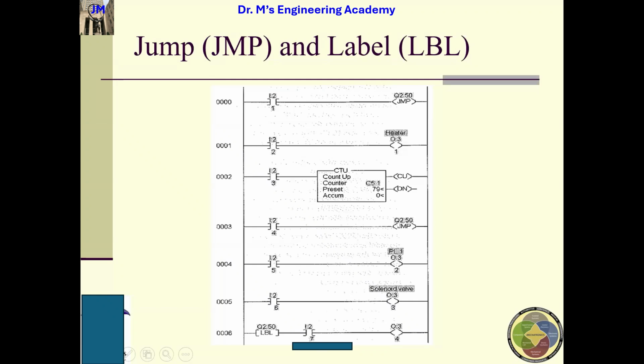You understand? All these rungs located between the JMP and the label will be skipped, and then this rung will be executed next. However, if this guy is false, the system does not jump and just follows the order of these rungs and executes each of them. Questions so far?